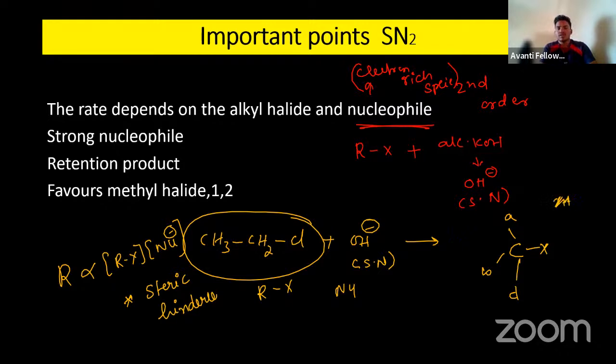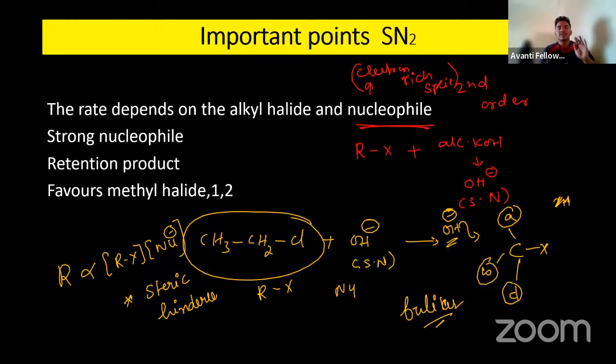Whenever the nucleophile is trying to attack, if A, B, and D are bulkier, then they will repel the nucleophile. They will hinder, they will stop the attack of the nucleophile. So obviously A, B, D should not be bulkier groups.